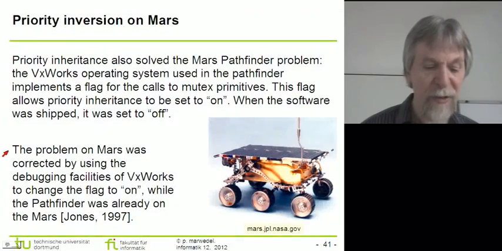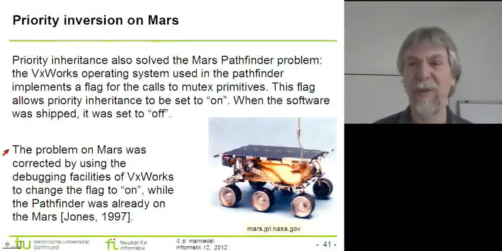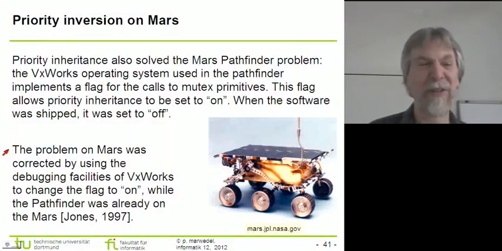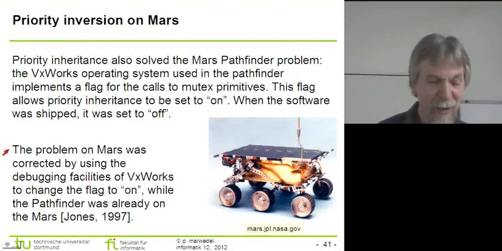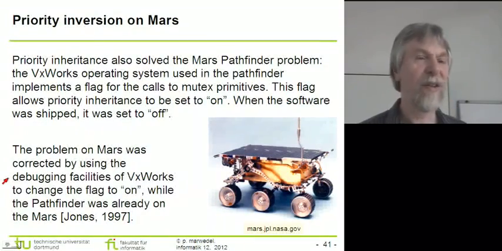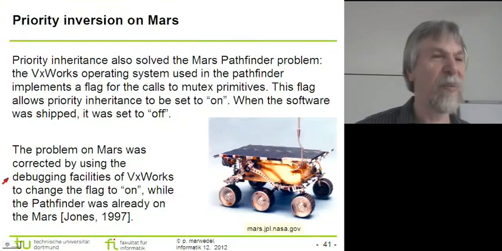Now fortunately, they did also ship the debugging facilities there to Mars, which is a little unusual because I think nobody could assume that any human could debug the system there on Mars. But nevertheless, they shipped the debugging facilities there to Mars. And using these debugging facilities, they changed that particular parameter.